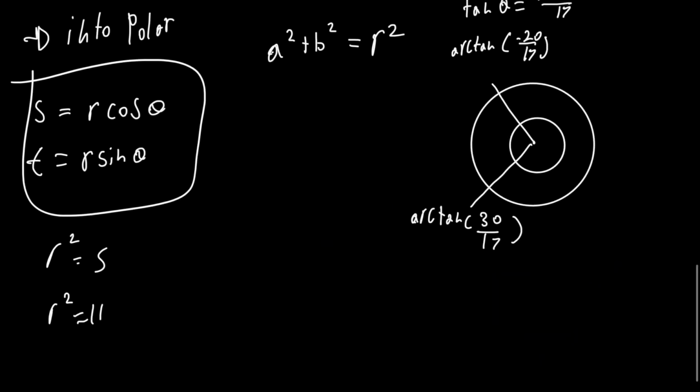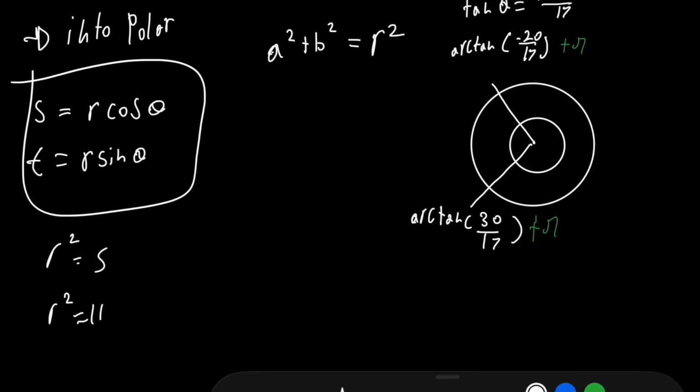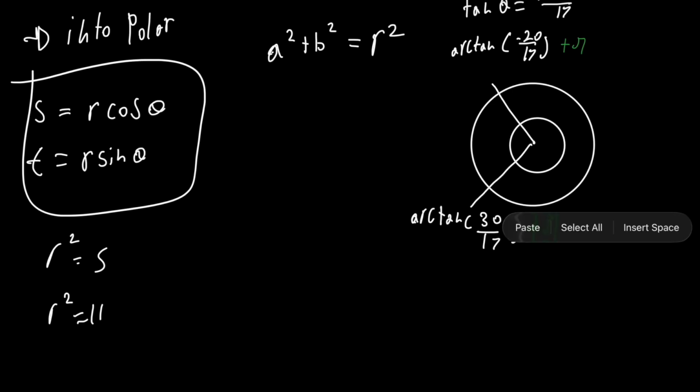I'm just going to add a pi to everything right here. But you have to make sure you understand where I'm getting this pi from. You have to know where and how many pi's you need to add to get the angle you need to make sure it follows the rules of arctan. So hopefully you get that.